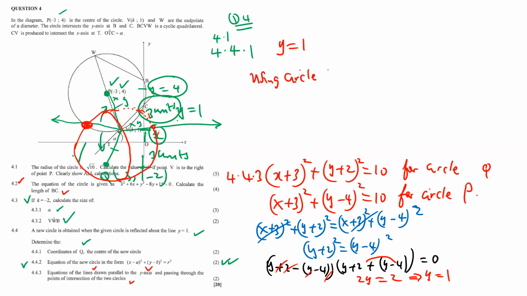And now if you use circle P, you'd have (x + 3) squared plus (y - 4) squared equals 10.